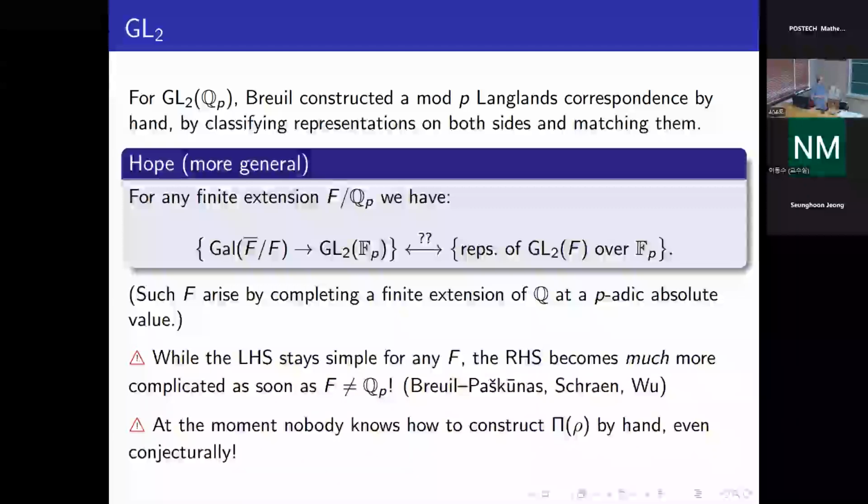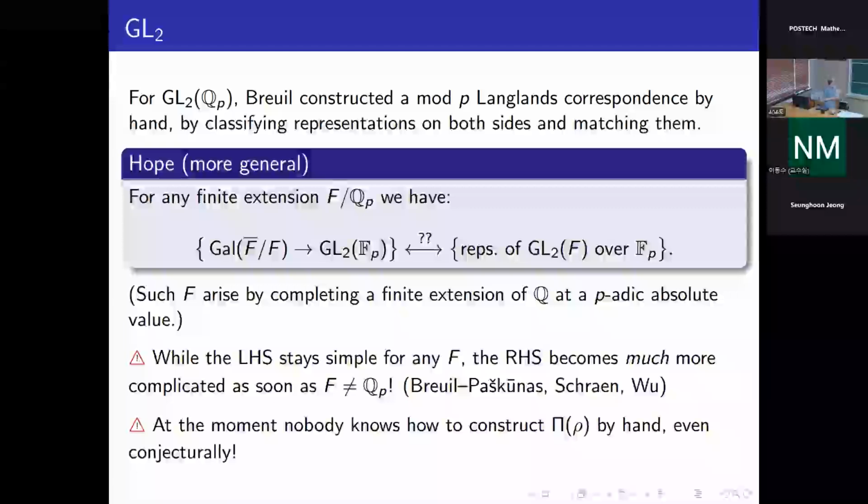And later on, there was other work done by Schraen and by Wu, who showed that these many kinds of representations on this side cannot be written down with a finite presentation. You cannot easily specify them using a finite amount of data.